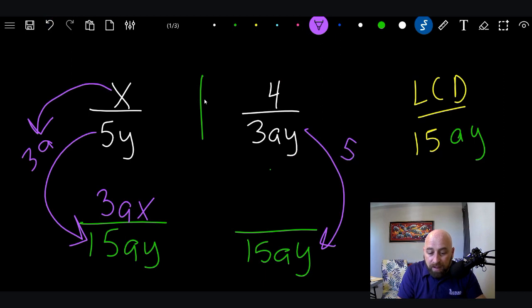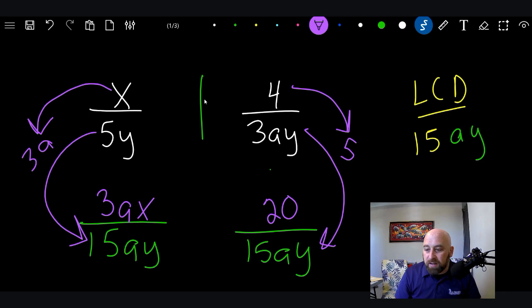And that would be 5. And then what did I multiply by A to get A? Nothing. Y to get Y? Nothing. So it's just 4 times 5, and that gives us 20. So our new fractions would be 3ax over 15ay and 20 over 15ay.